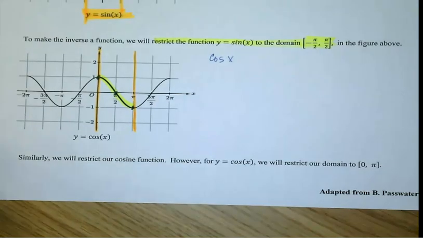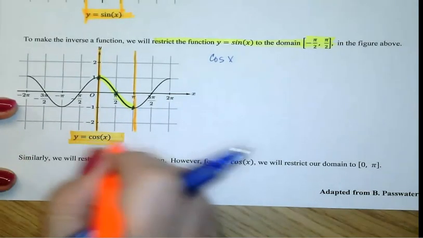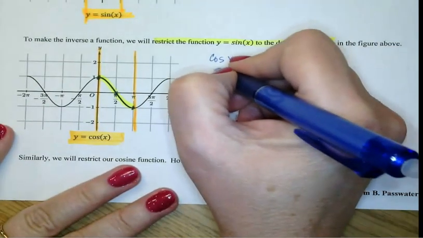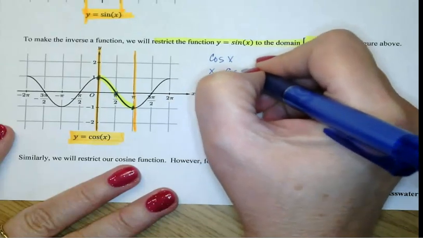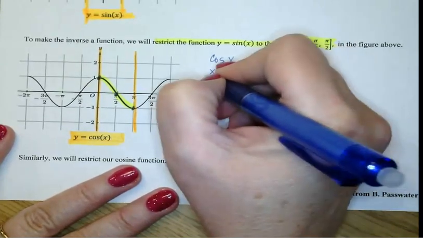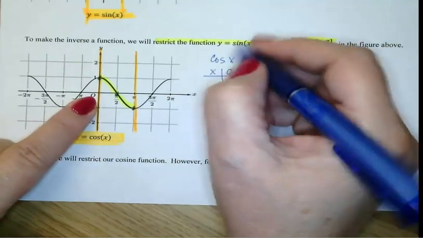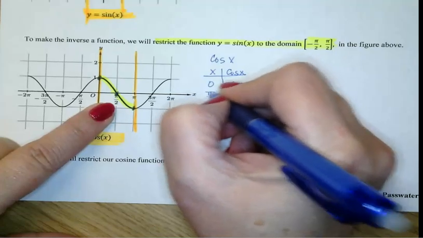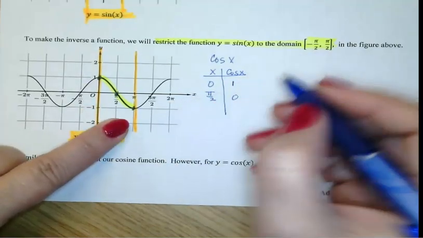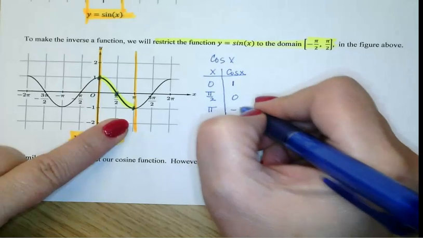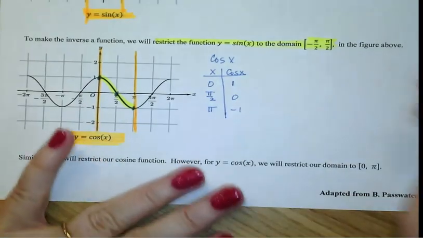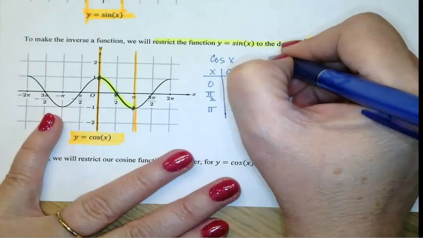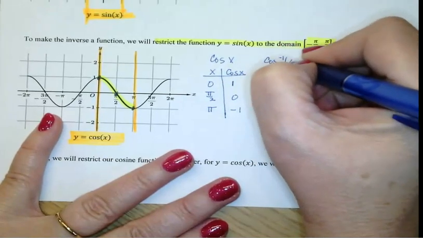All right. So this time we're looking at cosine and looking how we're going to restrict that. And so we're going to have x and cosine x for our table values and these 3 points. So at 0, we're going to be at 1. At pi over 2, we're going to be at 0. And at pi, we're going to be at -1. Okay, so as we've talked about, now we can do cosine -1 of x.